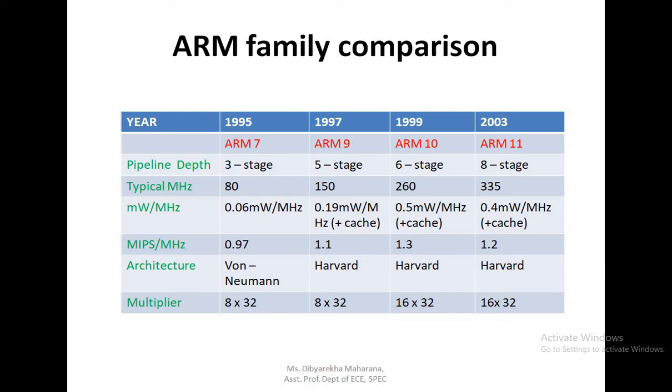ARM7 uses 3-stage pipelining, ARM9 uses 5-stage, ARM10 uses 6-stage and ARM11 uses 8 stages of pipelining. ARM7 uses von Neumann architecture, whereas ARM9, 10 and 11 use Harvard architecture.